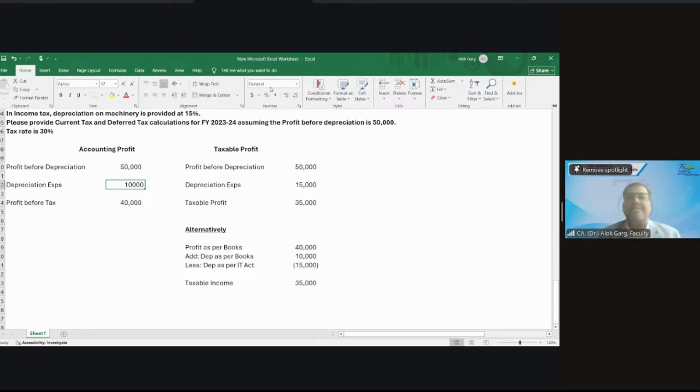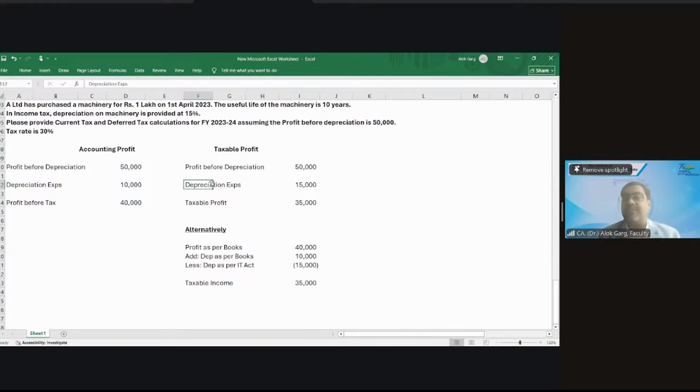In the Companies Act, in your accounting books, your depreciation is 10,000, but you are getting a higher allowance in the Income Tax Act, by 5,000 rupees. You are allowed to claim 10,000 rupees in your P&L, but 15,000 rupees in your tax books. Means you are getting a higher claim.